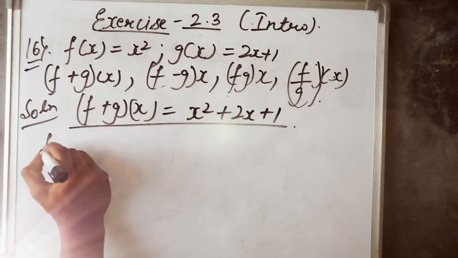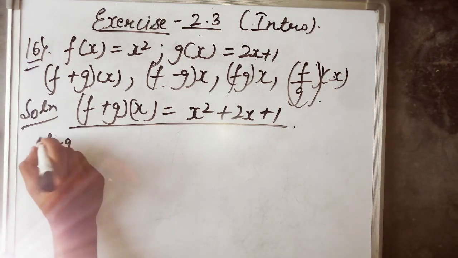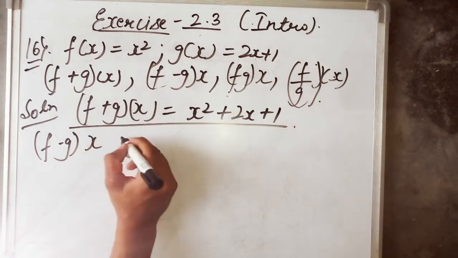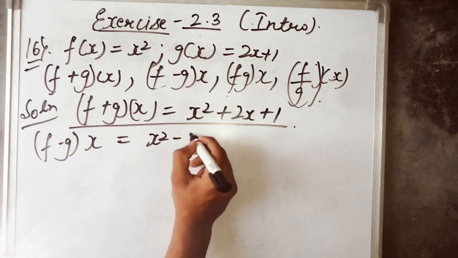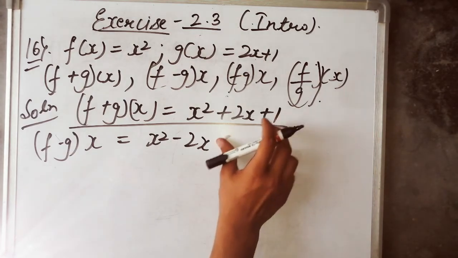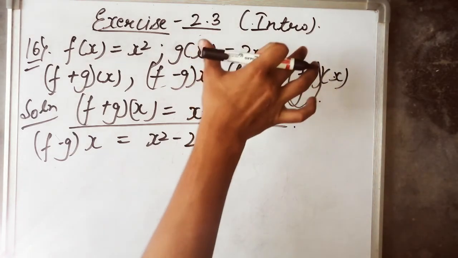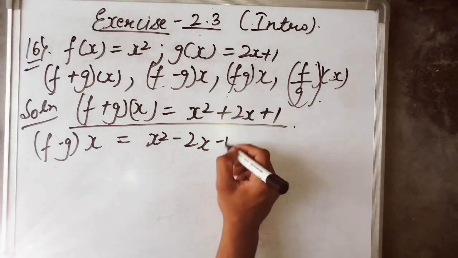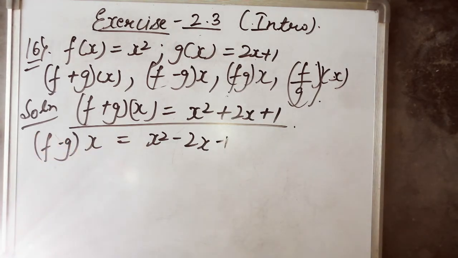And (f minus g)(x) is x square minus 2x plus 1. Now plus will not come because we have subtracted this whole function, so minus 1.